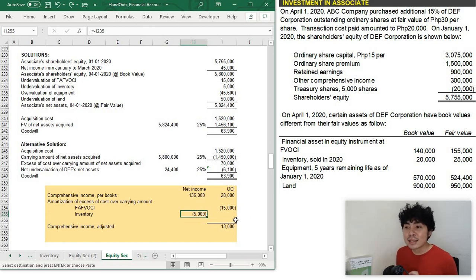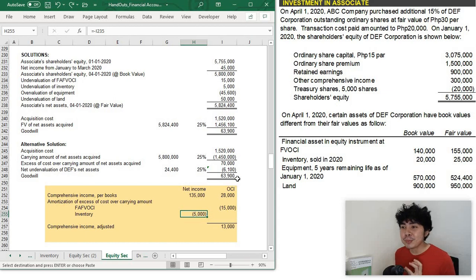Bakit? Kasi yung cost of goods sold sa libro ni associate, kaya siya nag-arrive dito sa 135,000 na net income is based dito sa cost ng inventory na 20,000 pesos. And since 20,000 yung cost of goods sold dito sa 135, sa point of view natin, 25,000. So, mas mababa yung cost of goods sold na na-deduct dito sa 135. So, dagdagan natin yung deduction ng additional 5,000 pesos para mabuo yung cost of goods sold na 25,000 pesos.